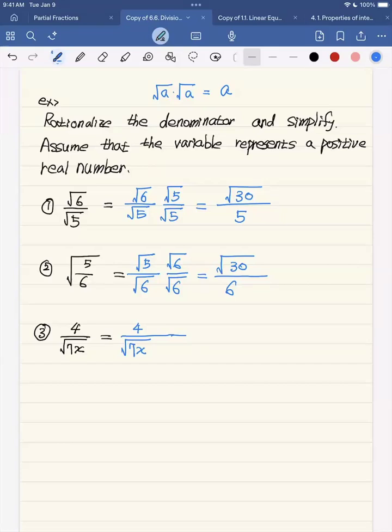What's important here is we have only one radical in the denominator. Then we just multiply by that radical in the numerator and the denominator. The denominator becomes 7x and the numerator is 4 square root of 7x.